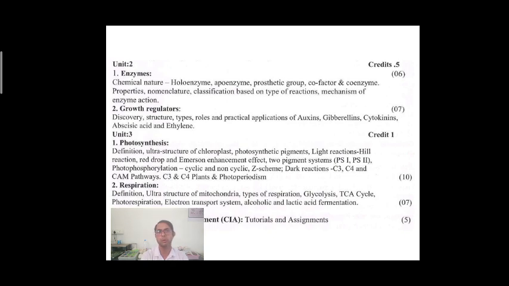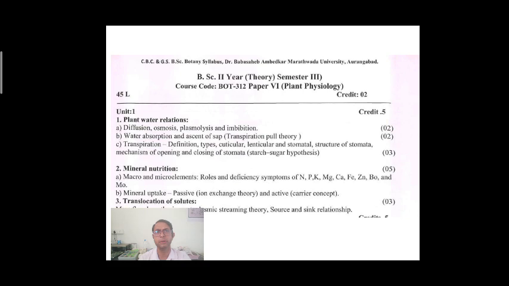How the process of respiration is carried out, we are going to discuss in unit number 3 under the topic respiration. In the upcoming lecture we are going to start unit number 1, and in unit number 1 we are going to discuss plant water relations.